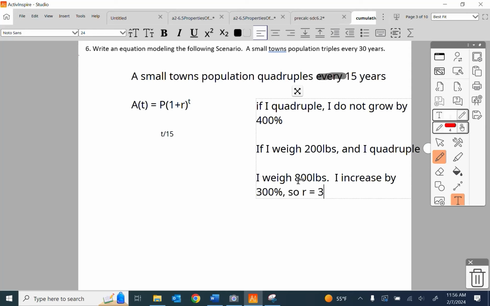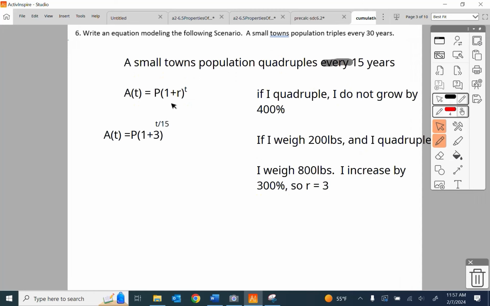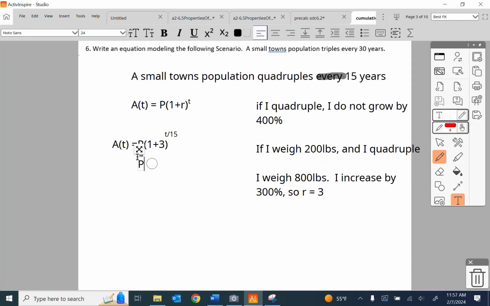So R is 3. Now you're expecting a 4 because you know quadruple means 4. So you're about to see it show up. After some time passes, I am my principal, which we don't know. We just leave it as P. And then I have 1 plus 3. And then we know that 1 plus 3 is 4.